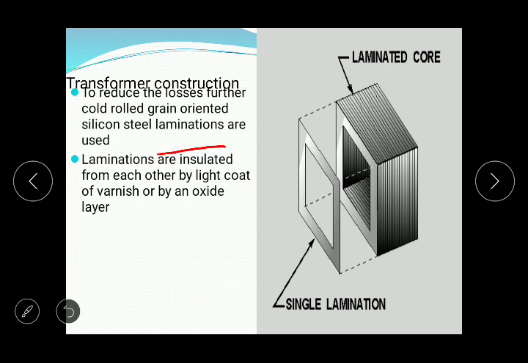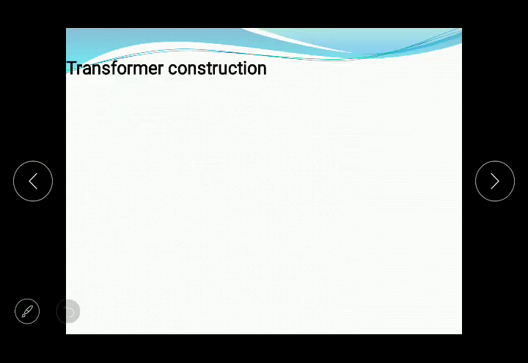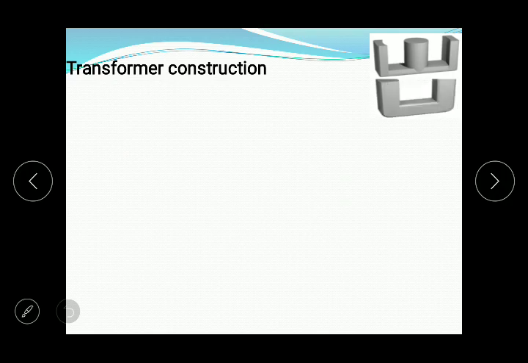The laminations are insulated from each other by a light coat, varnished by an oxide layer. See this one, observe this one here.